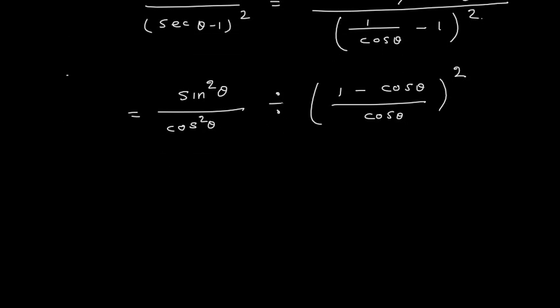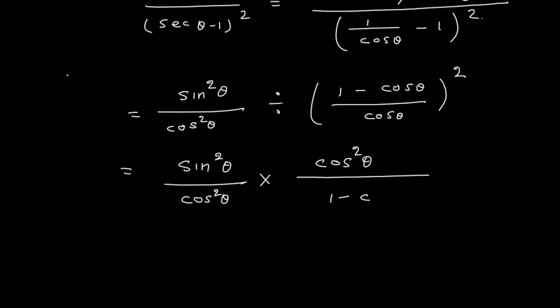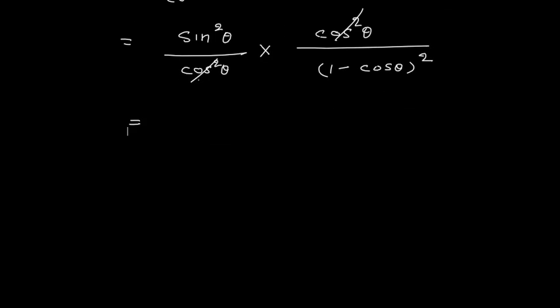So you can say that this is sin square theta upon cos square theta. This division will convert into multiplication, and here in numerator you have cos square theta, and denominator you have (1 minus cos theta) the whole square. This cos square will cancel, and this sin square you can write as 1 minus cos square theta.